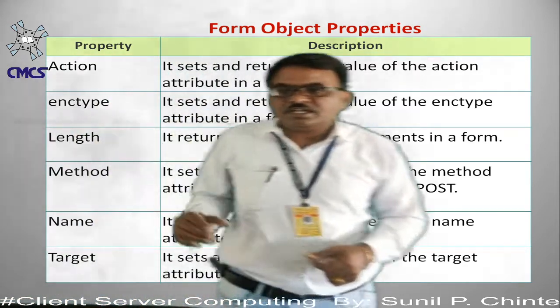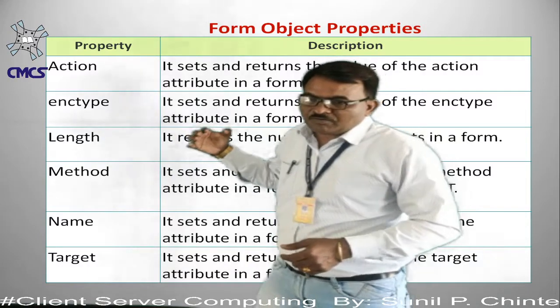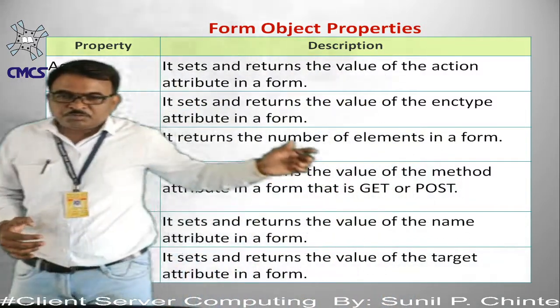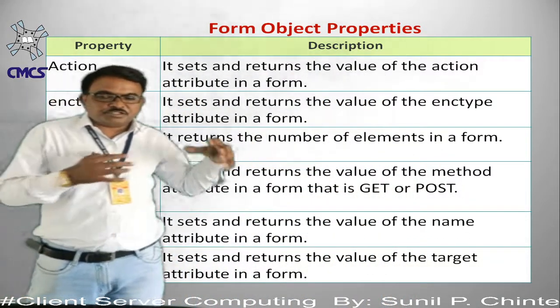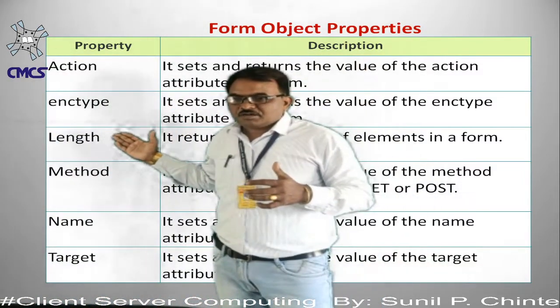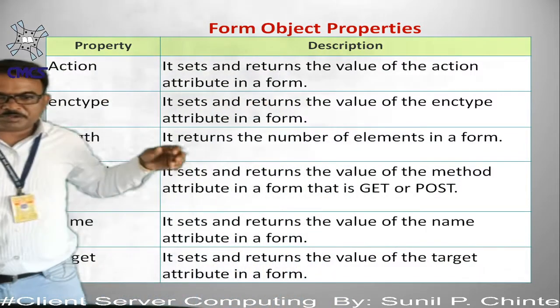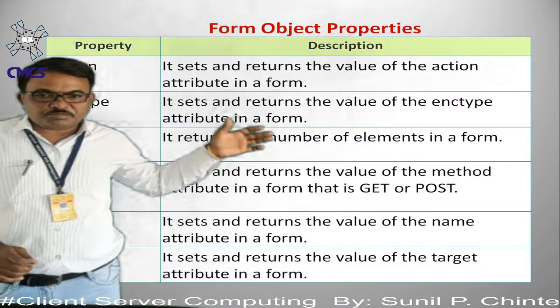Next is the length property, which specifies the number of elements in the form. If you want to count the number of elements on the form, you can use this length property.